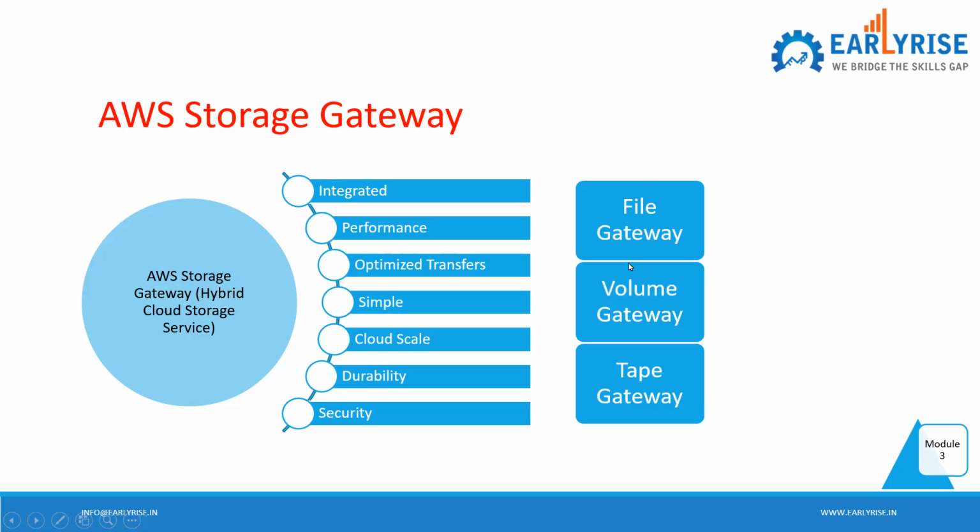There will be some kinds of gateways: file gateway, volume gateway, tape gateway. The application running on premises will connect to this service using these gateways. Clear?